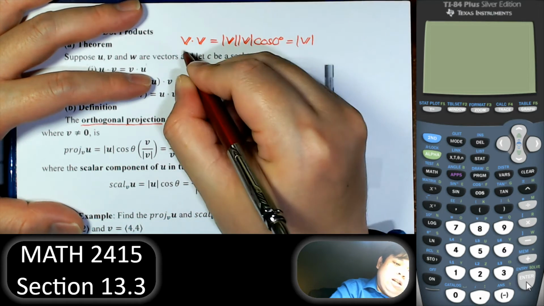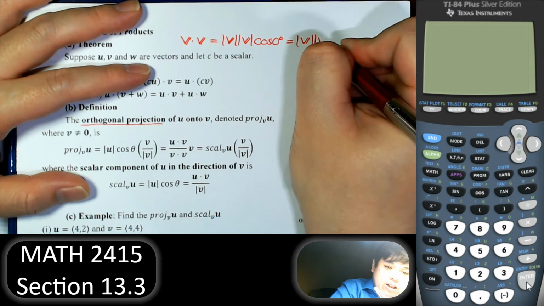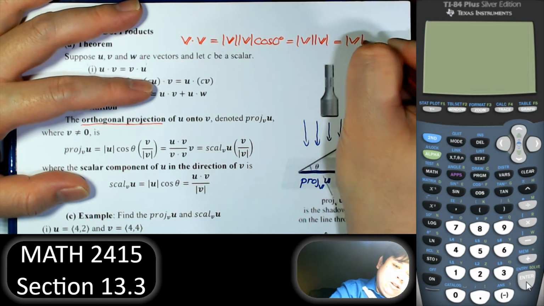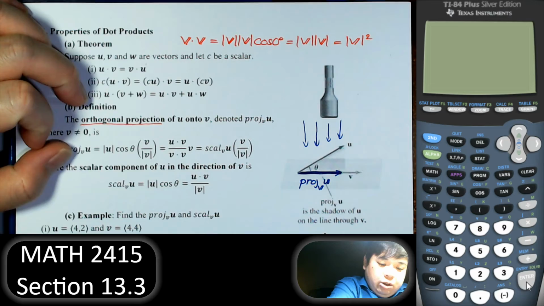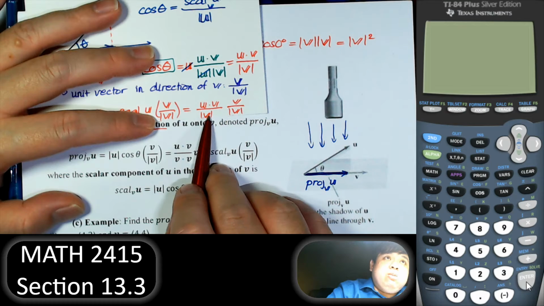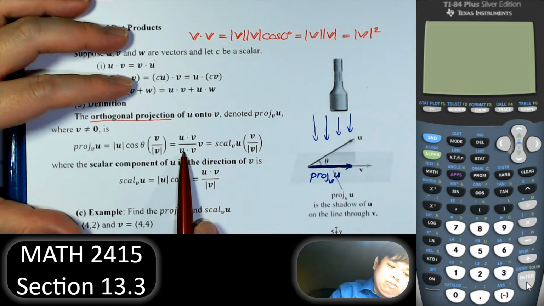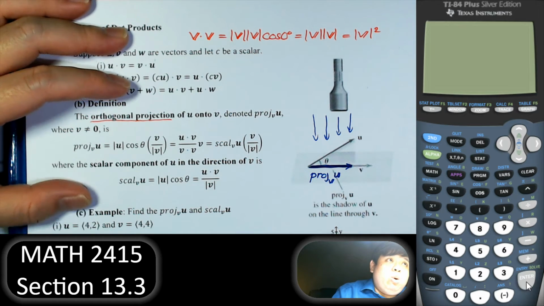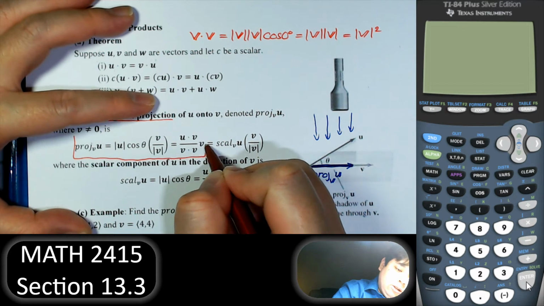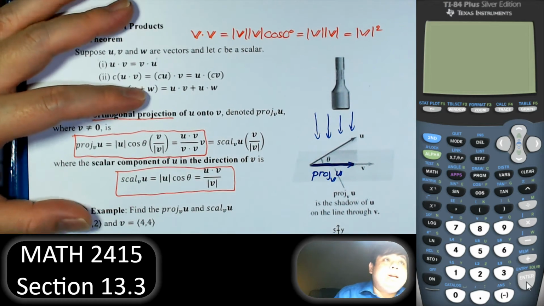So that's why the dot product of v with itself is equal to the square of the magnitude. That's why we have the dot product at the bottom. As mentioned before, usually if we ask for the projection, we use this formula, and if we want the scalar component, the scalar will be that.